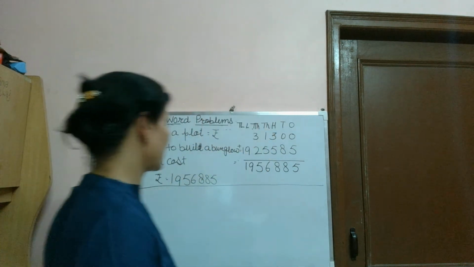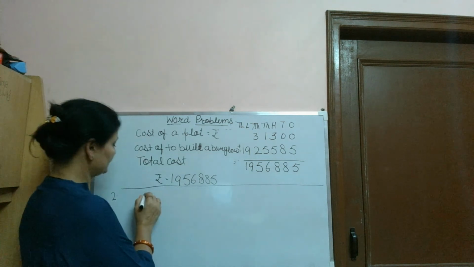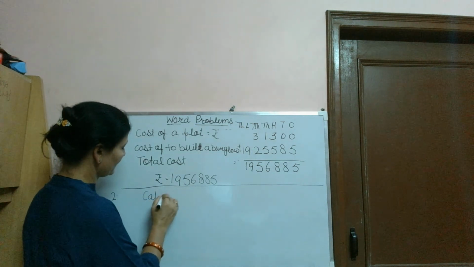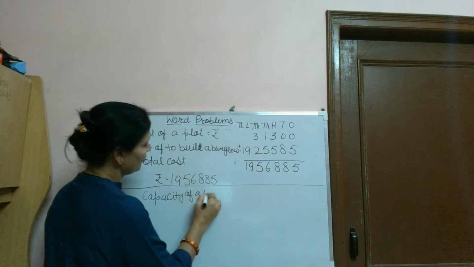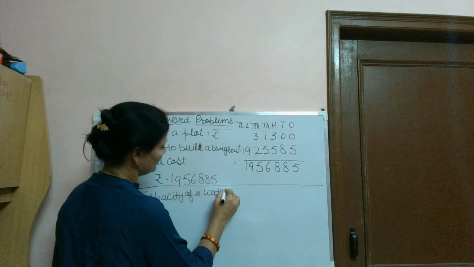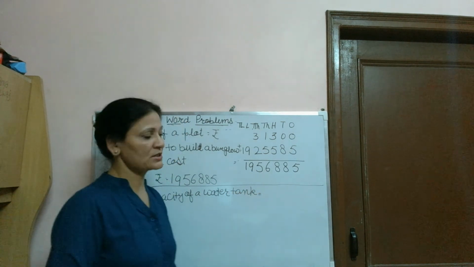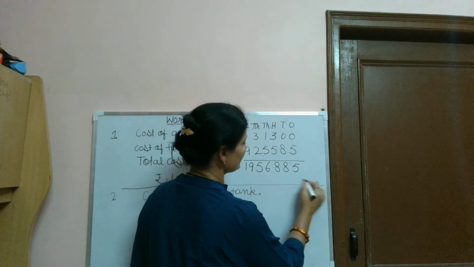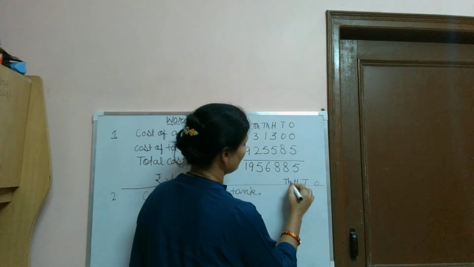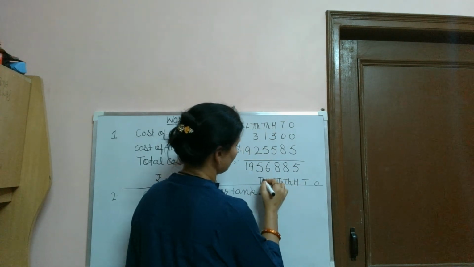Now, first we will write the statement: capacity of a water tank. What is the capacity of the water tank? First, we will write the places: ones, tens, hundred, thousand, 10,000, lakh, and 10 lakh.